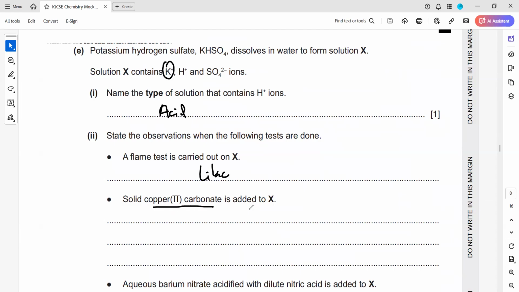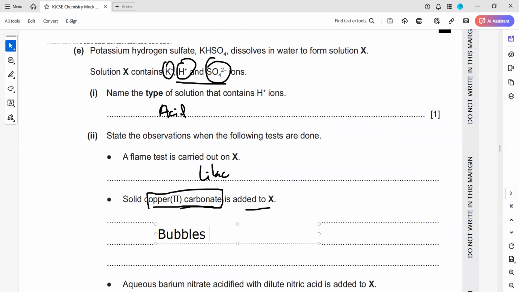Copper 2 carbonate is added. Copper 2 carbonate is a solid and the solution has sulfate ion, so it will form copper sulfate. A carbonate reacts with a hydrogen ion because the solution is acidic. If I add a carbonate to acid, I will observe fizz, bubbles, or effervescence because of carbon dioxide.